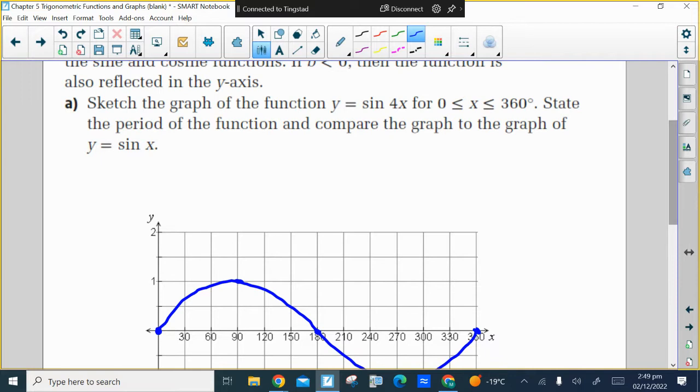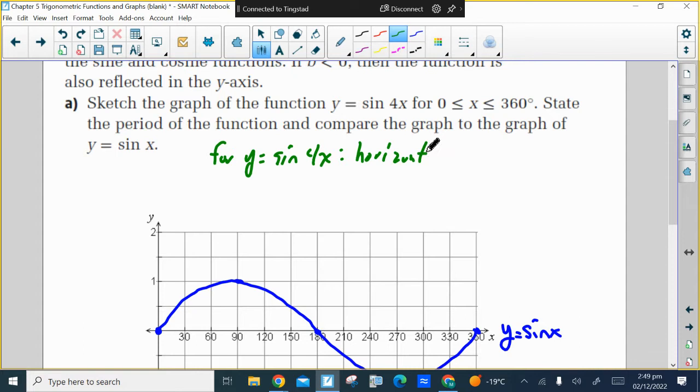Now, for y equals sine 4x, that's going to be a horizontal stretch by a factor of 1/4. So our period will be 1/4 of what it was before. Our period will be 360 degrees divided by 4, or every 90 degrees.